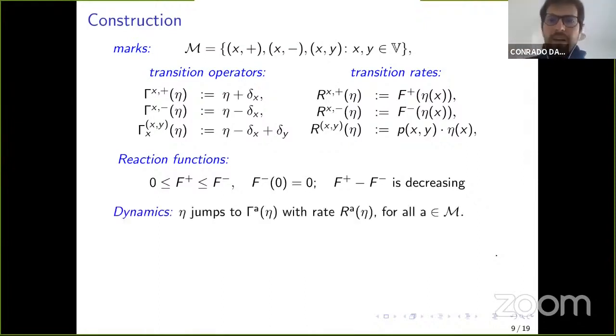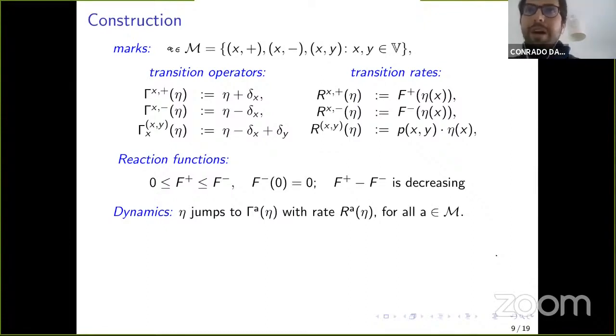So our goal is to construct a dynamics that jumps according to these basic marks. So I'm taking A, one possible mark can be a birth, a death, or a jump. And I want to see one of these transitions with the specified rate. So that's our dynamics. And it's not clear that we can construct these processes.